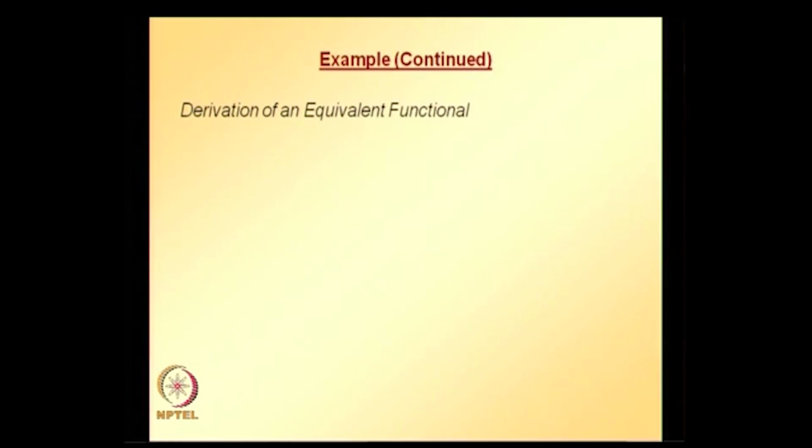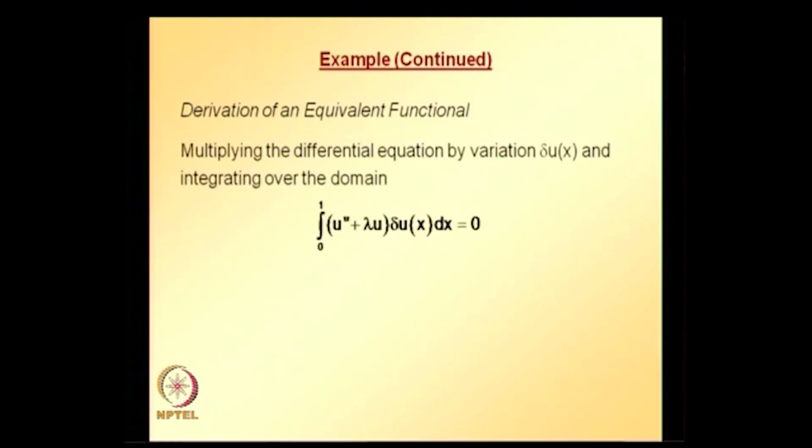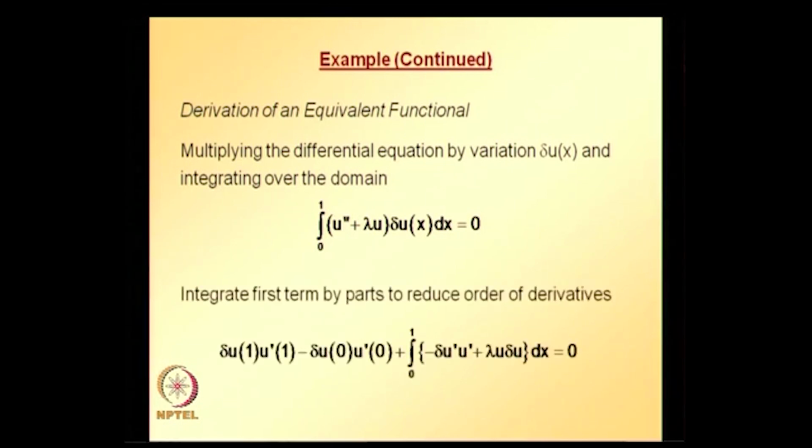The derivation of the equivalent functional proceeds in this manner: multiply the differential equation by the variation of the quantity you are looking for, that is the variation of u, and integrate over the problem domain. The first term has a second order derivative, so the story is the same: you need to apply integration by parts to reduce the order of the derivative. Here we are very fortunate, because at x is equal to 0 and x is equal to 1 essential boundary conditions are prescribed.